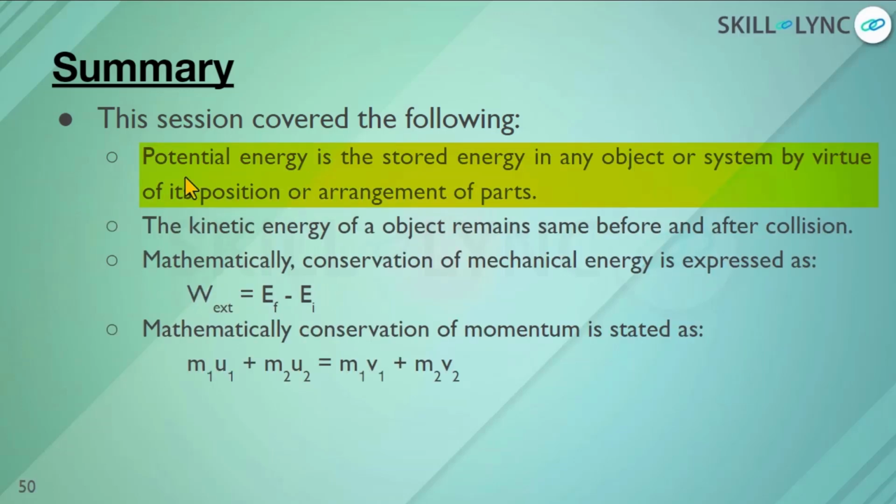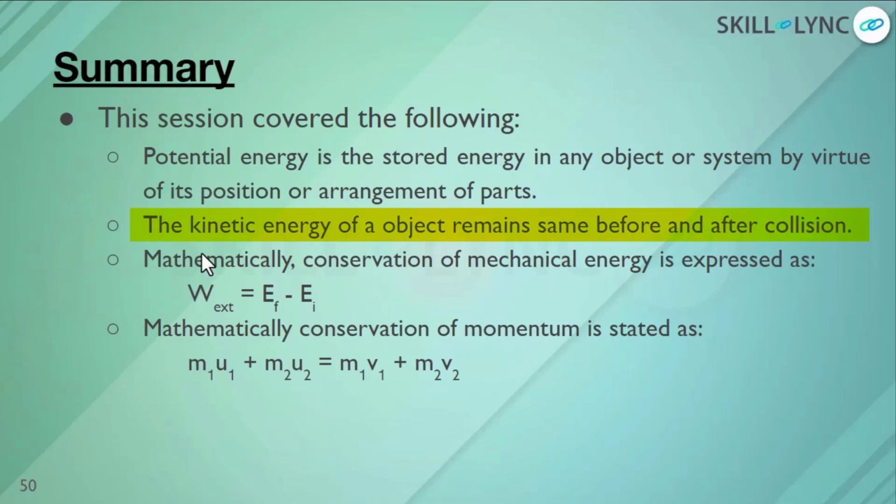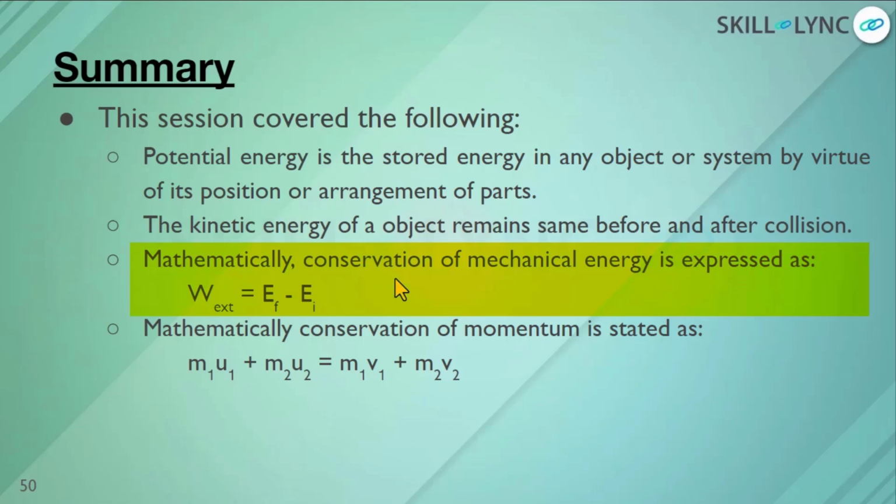We have also got to know about the potential energy. Potential energy is stored in any object or system by virtue of its position or arrangement of parts. This definition we have studied earlier. The kinetic energy of an object remains the same before and after collision. Also, we got to know that in mathematical terms, conservation of mechanical energy can be expressed as work external is equal to EF minus EI.